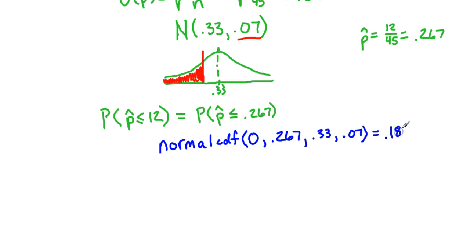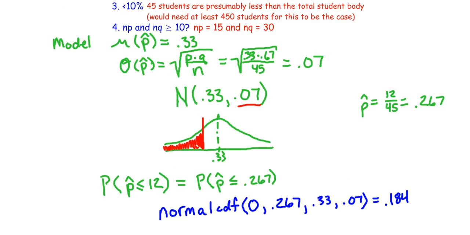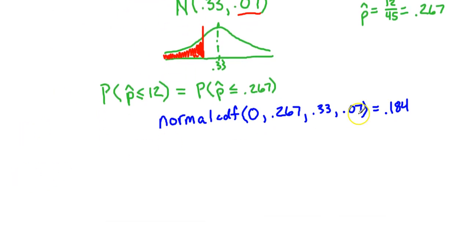So what does this value mean? Well, what this means is if we're operating under these population parameters and we have a sample of 45 students, the normal model is going to look like this. What this in particular means is that 18.4% of the time, if we draw a sample of 45, we're going to get a sample proportion that is at or less than 0.267.